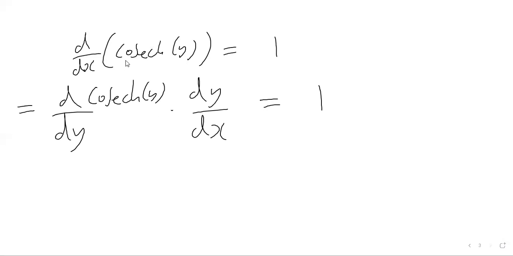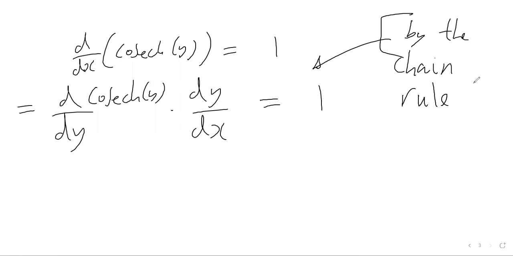Let me just make a note here that this is by the chain rule, the chain rule that we have done in many previous videos before. Now we want to differentiate the cosech y function with respect to y.